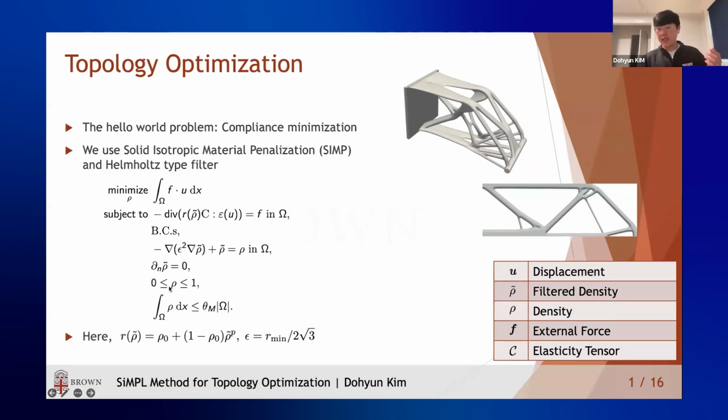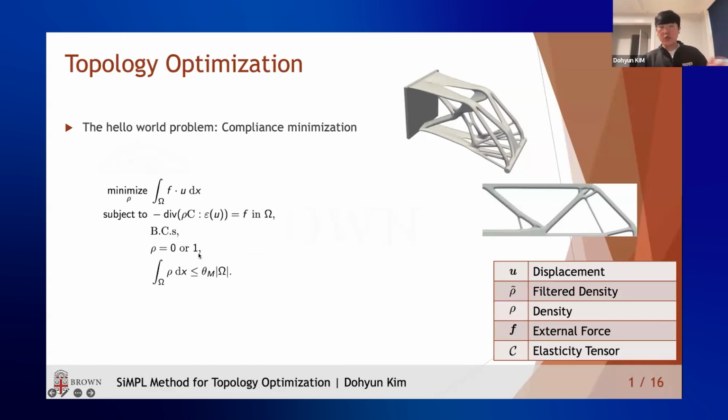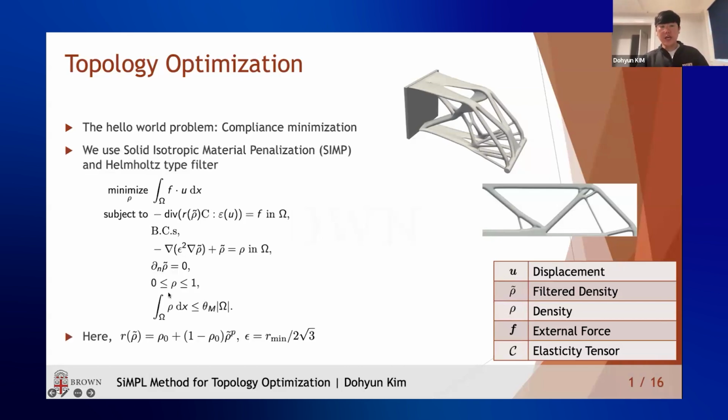So instead of having 0 or 1, we allow the density to vary between 0 and 1. We also have this filter equation here, with rho tilde, which is called the filter density. Introducing this filter density allows us to have a mesh-independent design at binary resolution.